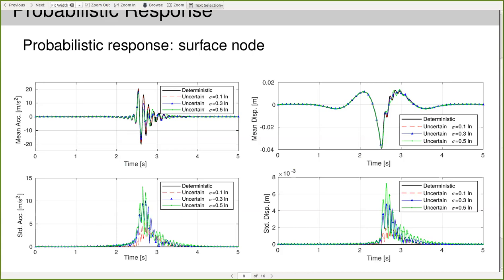And this kind of property cannot be captured by some other uncertainty propagation methods, for example a perturbation approach, because the perturbation approach only holds for very small uncertainty, and for that very small uncertainty it will have the same mean response as in the deterministic case.